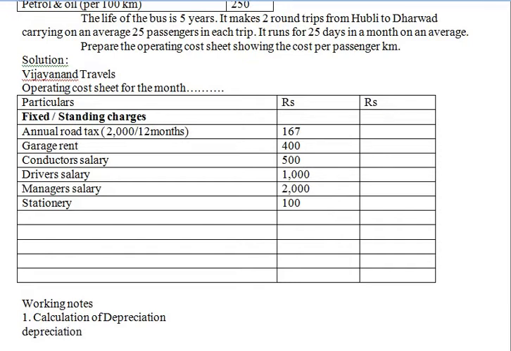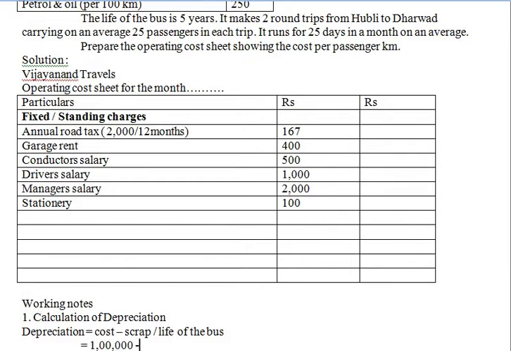Now depreciation is equals to cost minus scrap divided by life of the bus. Okay, everybody knows this formula. Now next line. Now cost of the bus is already given, that is 1 lakh rupees.